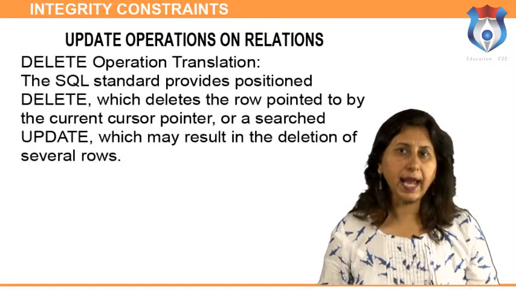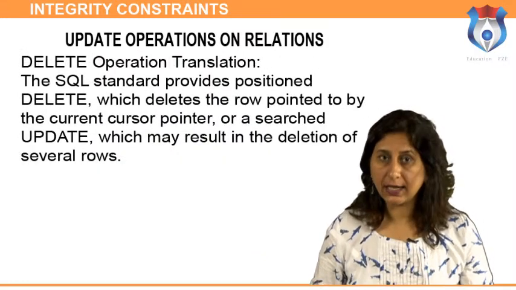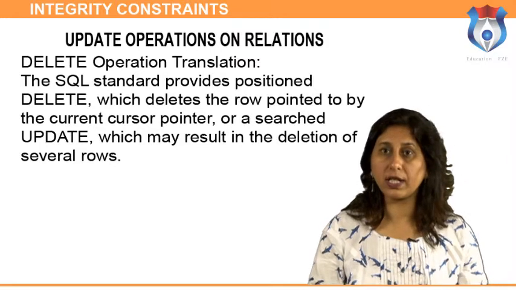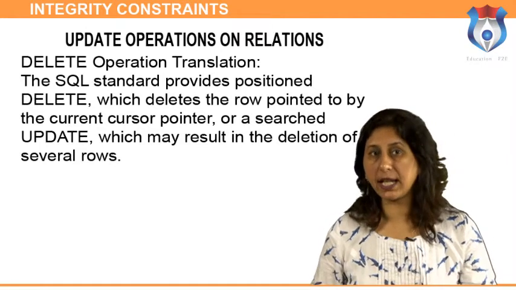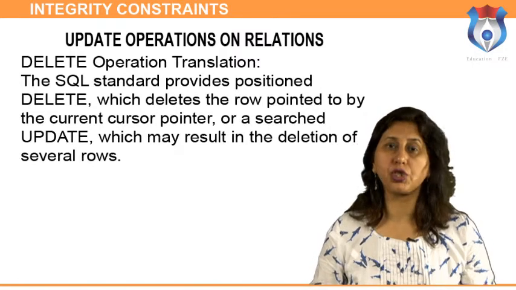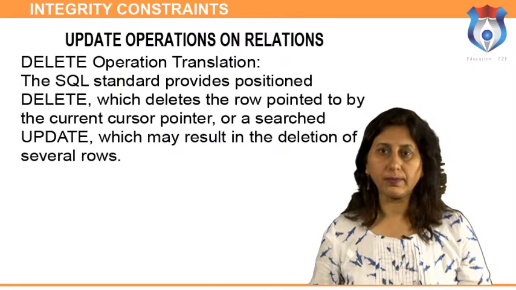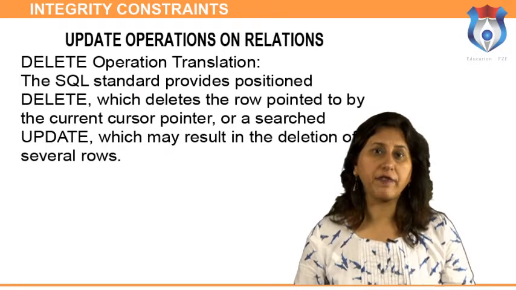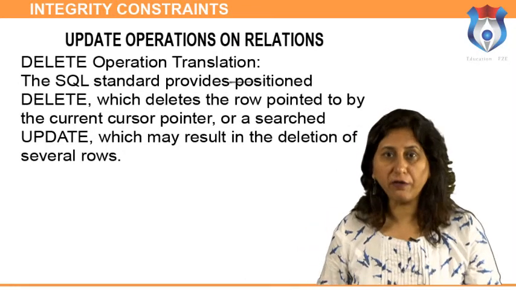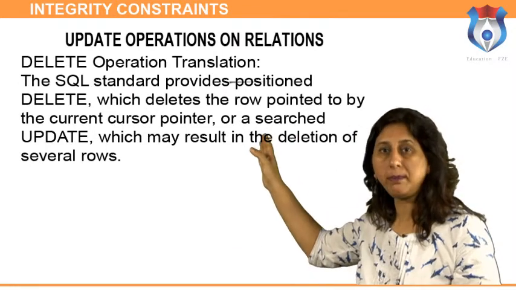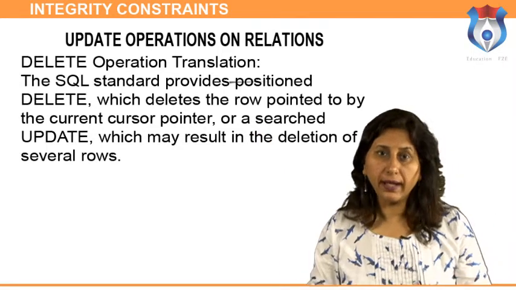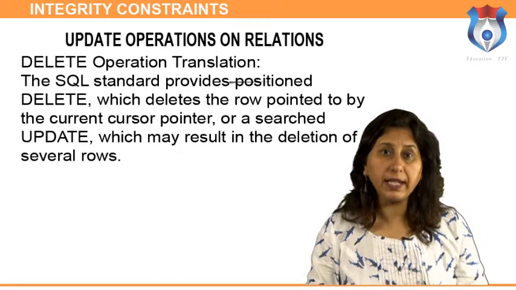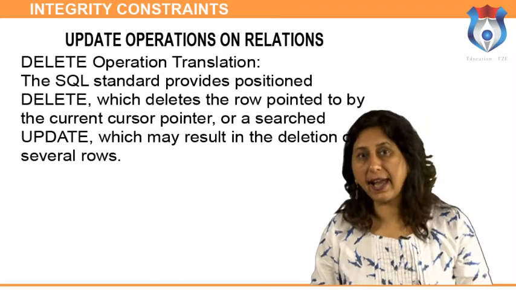The SQL standard provides positioned delete, which deletes the row pointed to by the current cursor point, or a searched delete, which may result in the deletion of several rows. We will focus on the deletion of a single tuple, which takes the form delete from R where k = A, where k is the primary key of R and A is a valid value in k's domain.